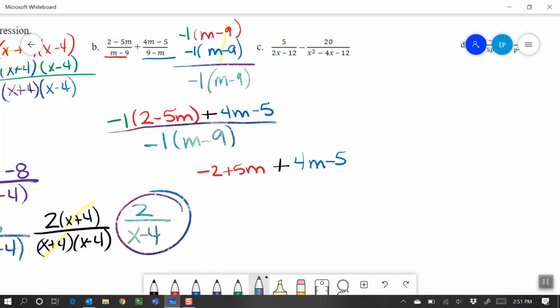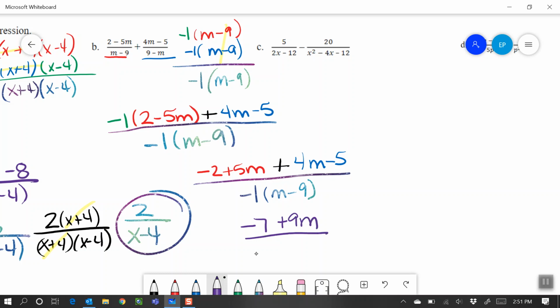And that's all divisible by minus 1 times m minus 9. So simplifying it, I'm going to put it in purple and see what we get. Negative 2 minus 5 is a negative 7. 5m plus 4m is plus 9m. All divided by negative 1 times m minus 9.